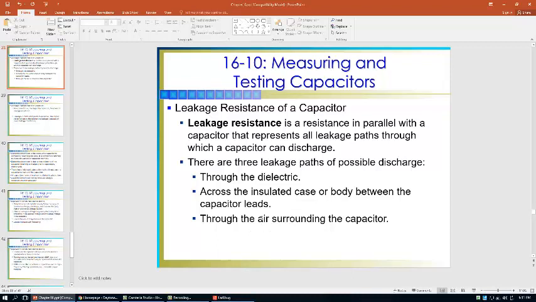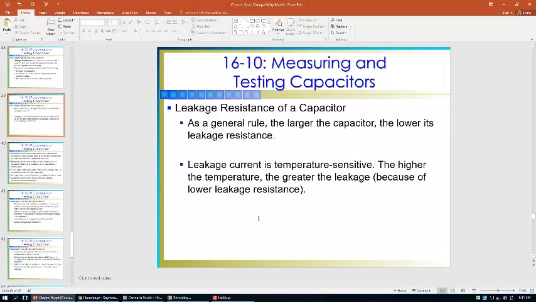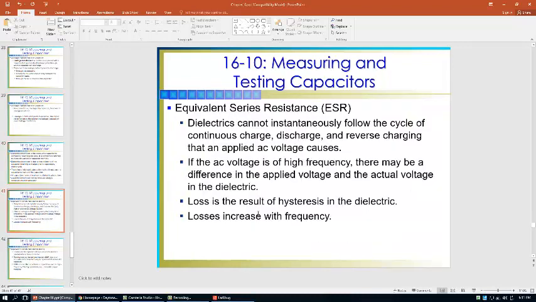Because remember, the air is also a dielectric, so the capacitor could be discharged just by sitting there. It depends on the quality of the capacitors. Each one of these things will have an equivalent. If we combine all this leakage in one, we get the total losses, or the total leakage.